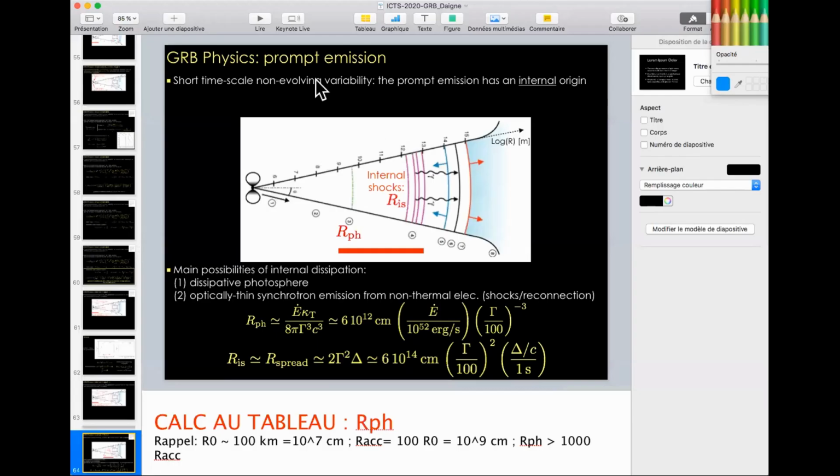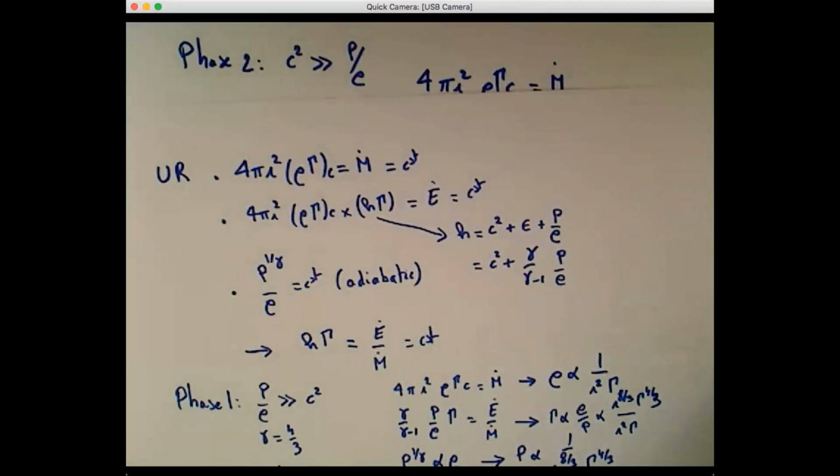Okay, so I come back to the blackboard. And so now the photosphere. The idea is quite simple.